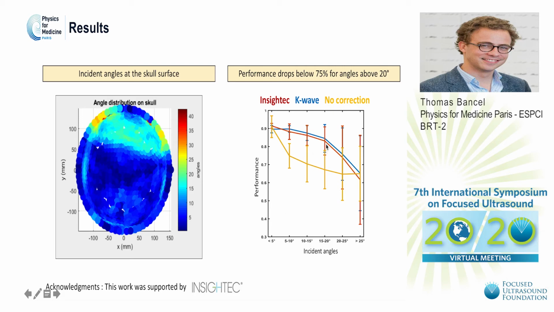And what we show here is that for angles above 20 degrees, we have a drop in performance which goes below 75%. So it kind of confirms that neglecting shear waves is impacting the performance, because we know that shear waves start to play a significant role above 20 degrees in the propagation of ultrasound inside the skull.